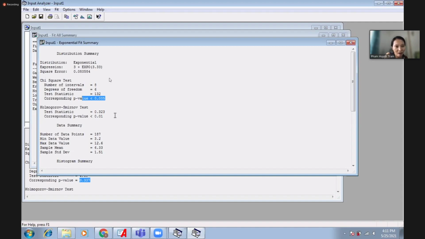Tụi em có thể chọn sử dụng hypothesis testing, làm cái t-test. Nếu trong Arena, tụi em đọc Arena output thì tụi em sẽ trích ra được average và half width.